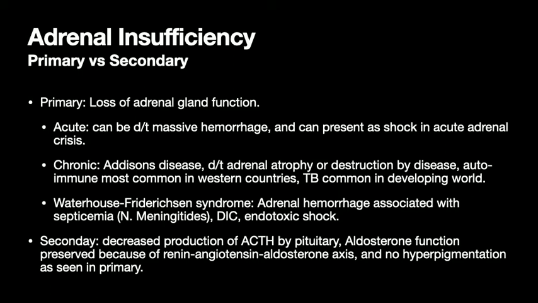And remember that ACTH is cleaved from pro-opiomelanocortin, which also creates melanocyte-stimulating hormone. The melanocyte-stimulating hormone causes the hyperpigmentation. Since in secondary it's due to decreased ACTH, you will not have hyperpigmentation.